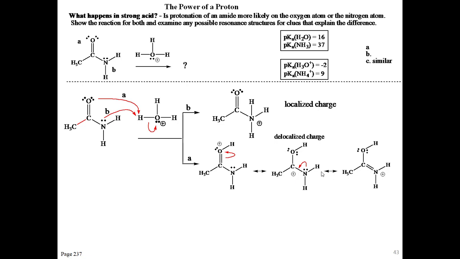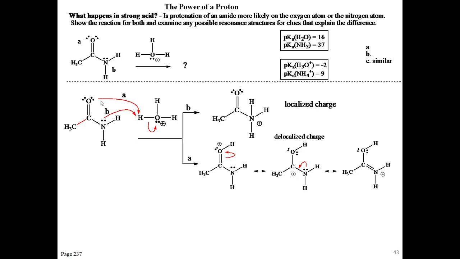So in fact, if I donate the oxygen lone pair to the proton, I do get a positive nitrogen, and a positive carbon, and a positive oxygen. So in fact, this looks a lot better than this one up here. So this is not bad, but this is better because of resonance.